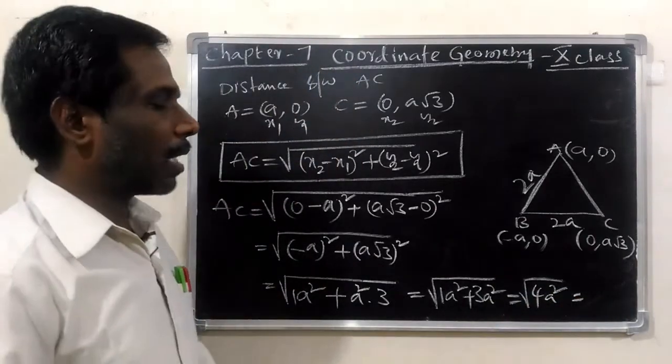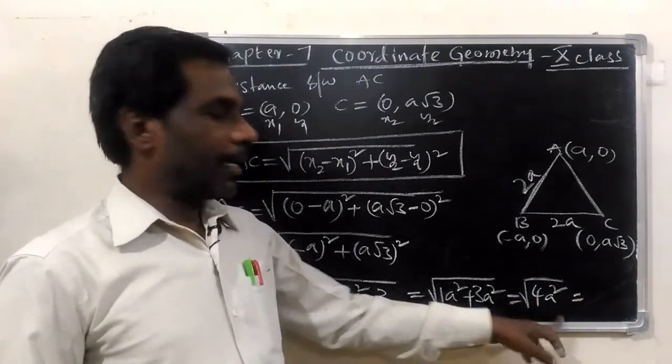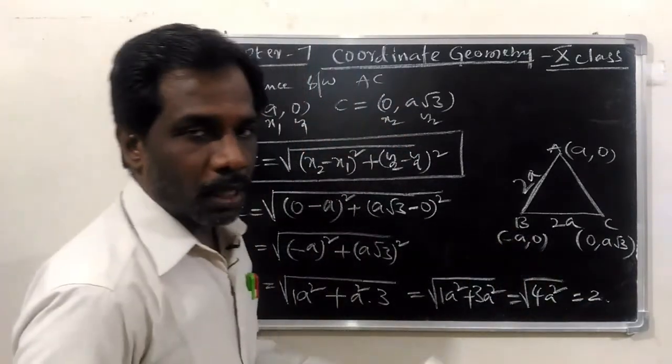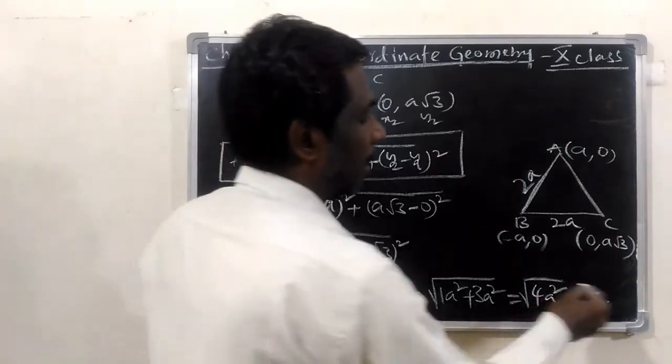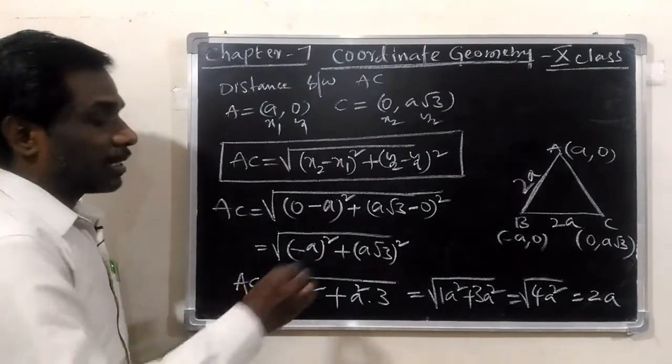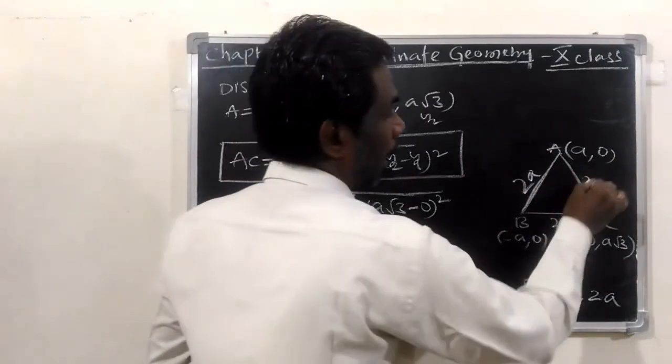After this we can separate the root into root 4 and root a square. Root 4 is 2 and root a square is a, so it is 2a. The distance between AC is also 2a.